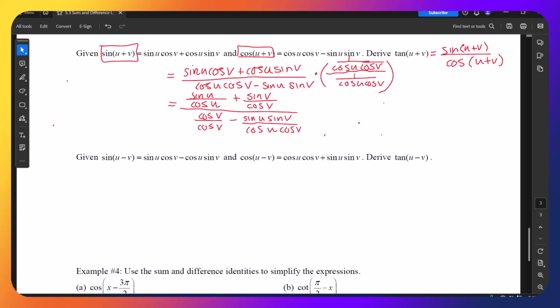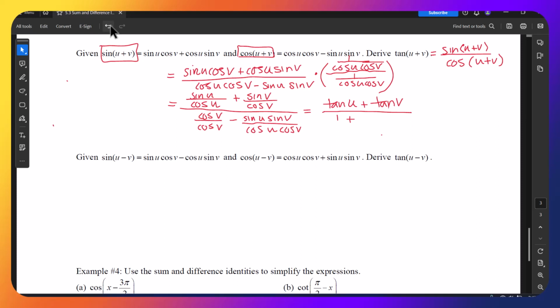Okay, and we further simplify. So sine u divided by cosine u is tan u, plus sine v divided by cosine v is tan v, divided by cosine v divided by cosine v is 1, plus sine u divided by cosine u right here.